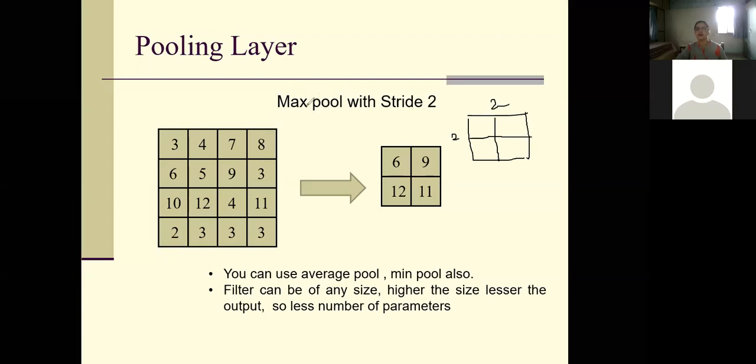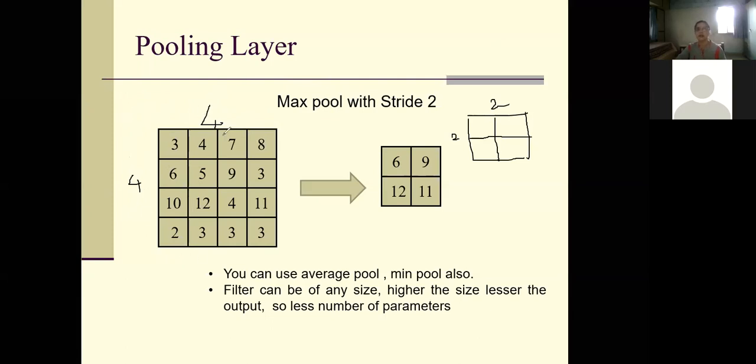We can use either maximum pooling, minimum pooling, or average pooling. Now let us consider that this is your given input image, which has size 4 by 4. This might be the result of a previous convolution layer. Let us assume that you have multiple sets of 4 by 4 images from one particular convolution layer.